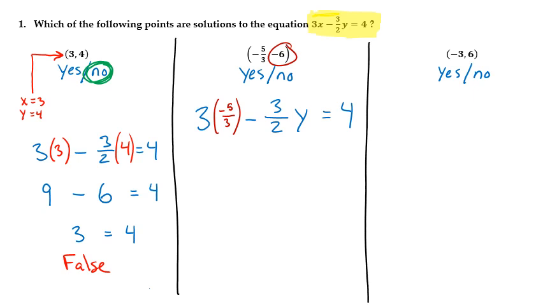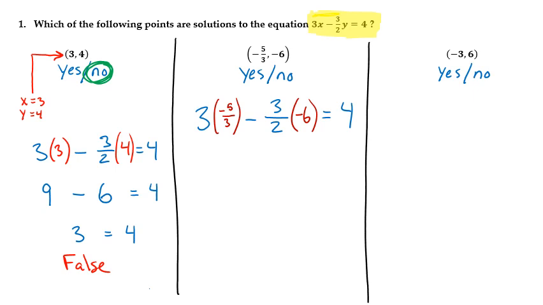Then we're taking the -6 and replacing that in for the letter y. So we'll multiply 3/2 times -6. So erase the y, put in a -6. And then we just have to see what happens. Is this true? Well, let's multiply it out.